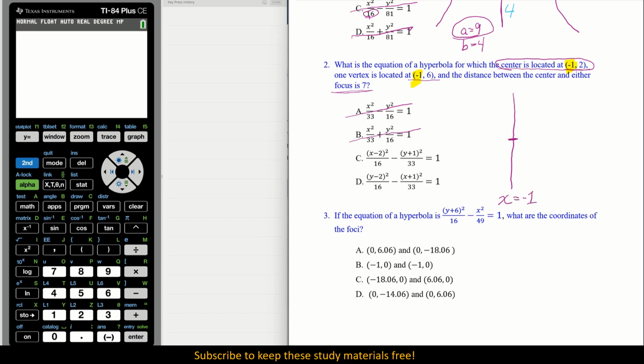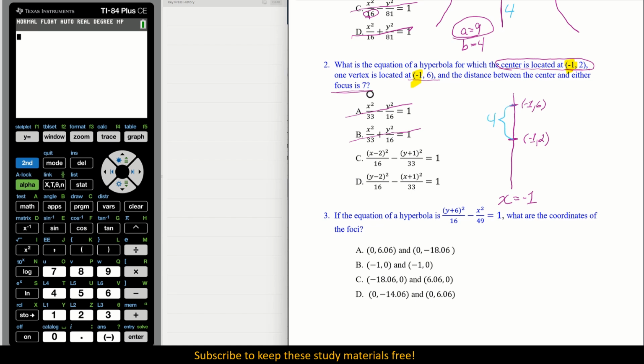So my center is right here at (-1, 2). And then here I go up, and I know that that will be (-1, 6). So the distance from here to here is 4.